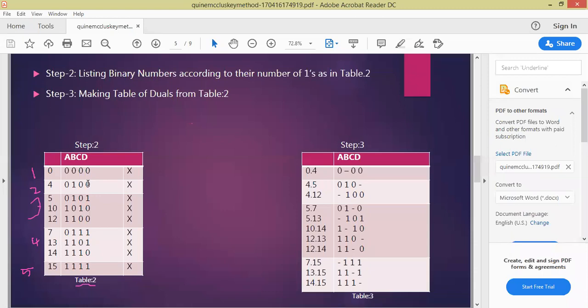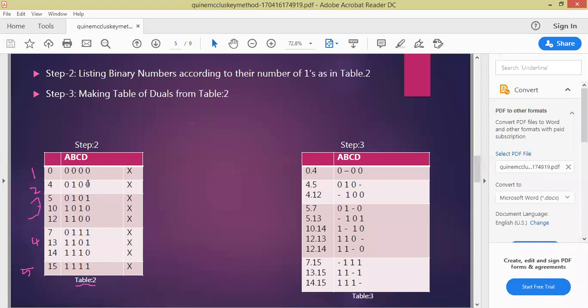The third group has two ones, and the minterms are 5, 10, and 12. The fourth group has three ones in their binary representation: 7, 13, and 14.